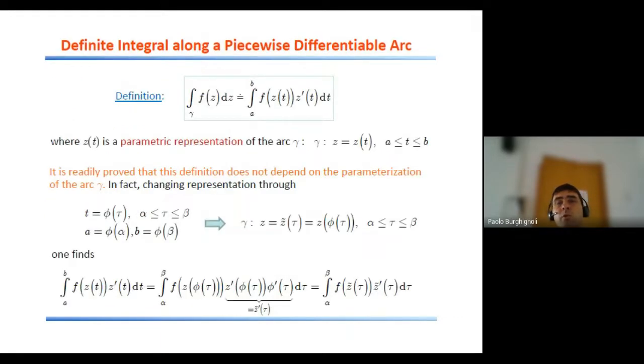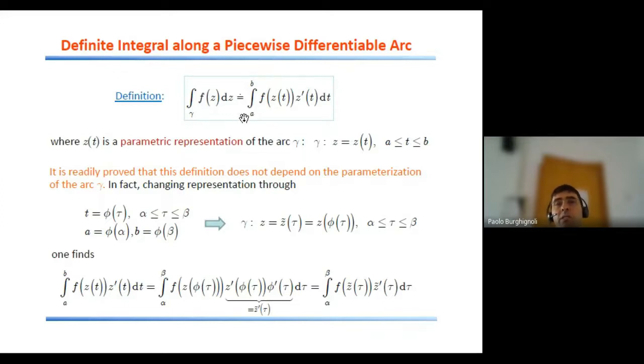So this is the formal definition in the upper box of this slide of an integral, that's the standard integration sign, along a curve gamma, here below the integration sign, of a function f, which, as I said, is only required to be continuous, not necessarily analytic, with respect to the complex variable z.